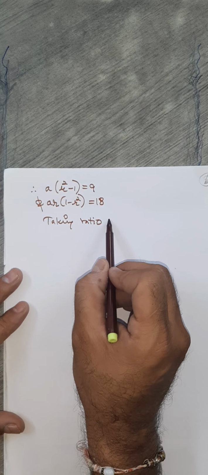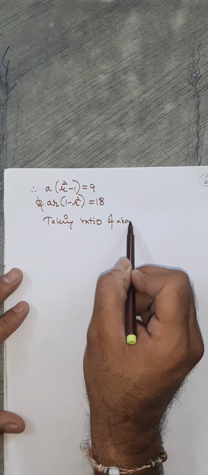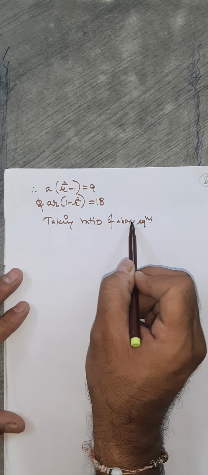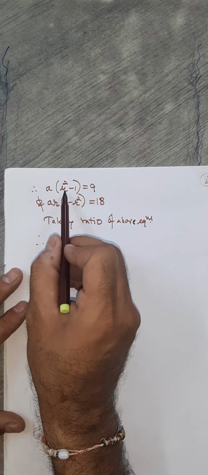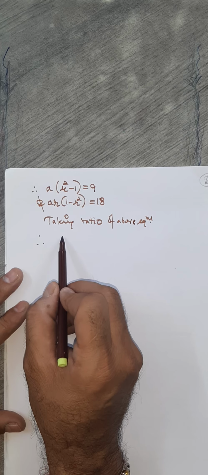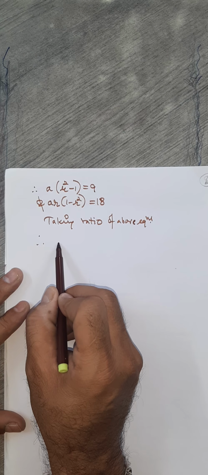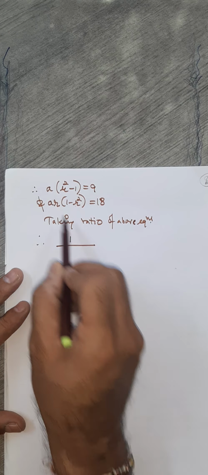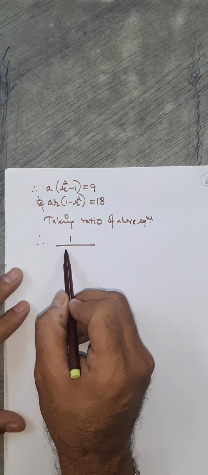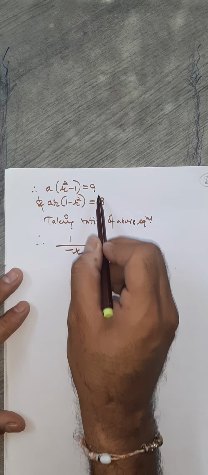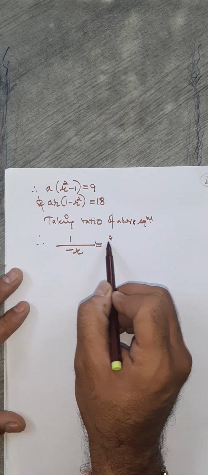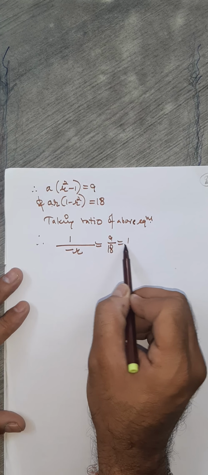If you take a ratio of the above equations, what will you get? Here a minus sign will be there. I'm writing this upon this. A will get cancelled, you'll get the minus sign. So we have minus R, and you have 9 by 18, which is just half.